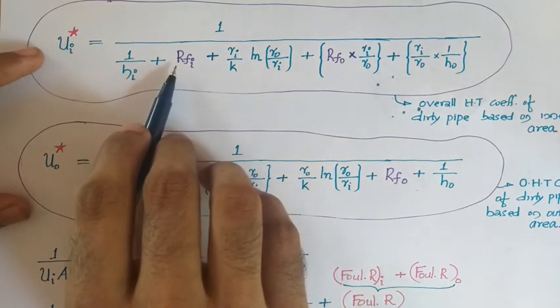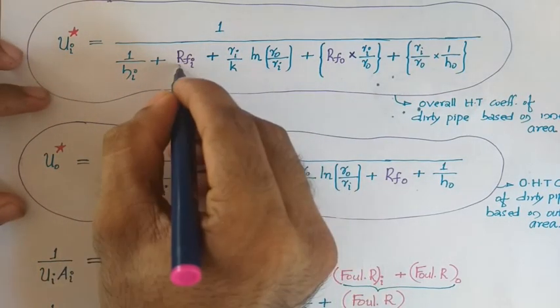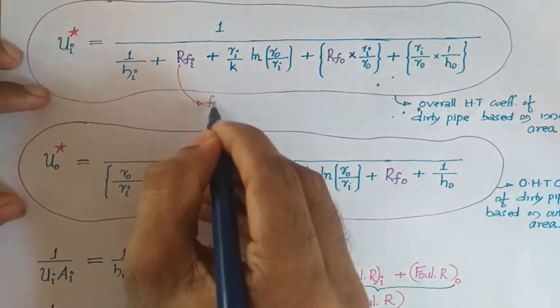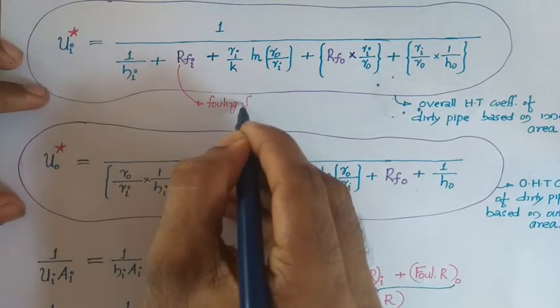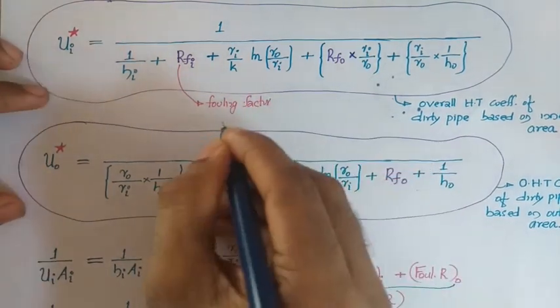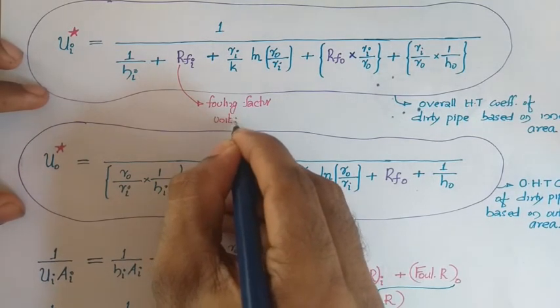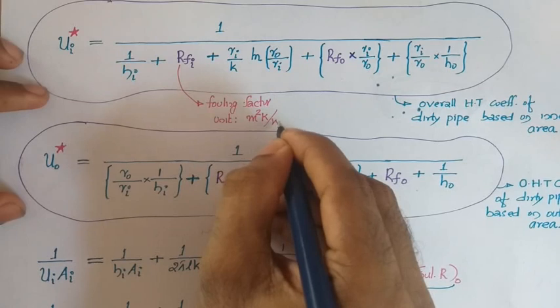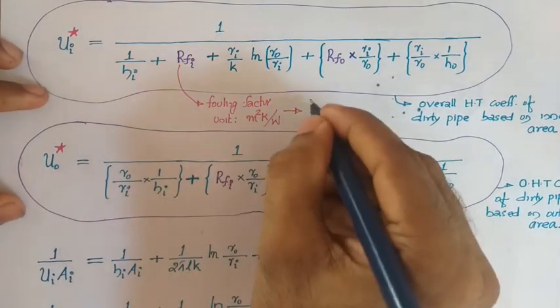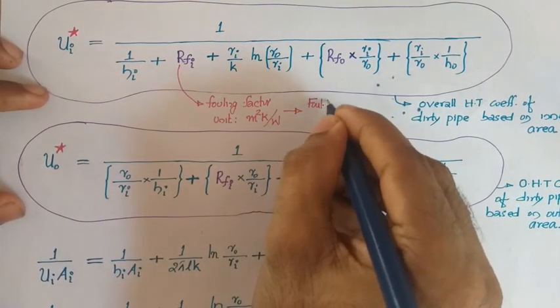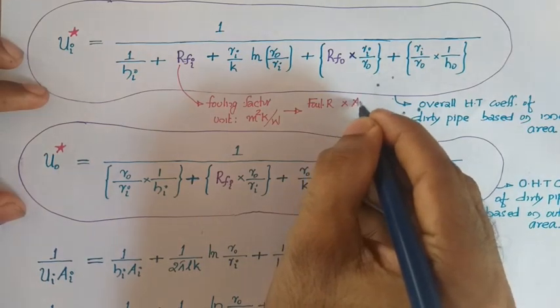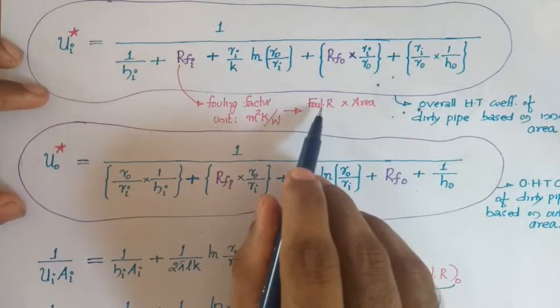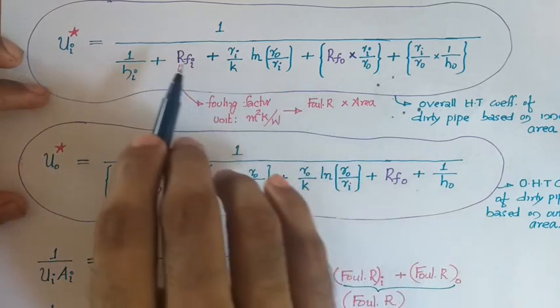So this RFI is known as the fouling factor, whose unit will be meter square kelvin per watt, and you get the fouling factor as fouling resistance into area. If you are multiplying fouling resistance at inner into area at inner, you will be getting RFI.